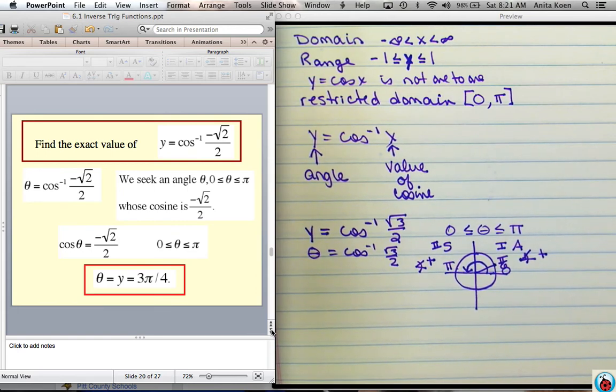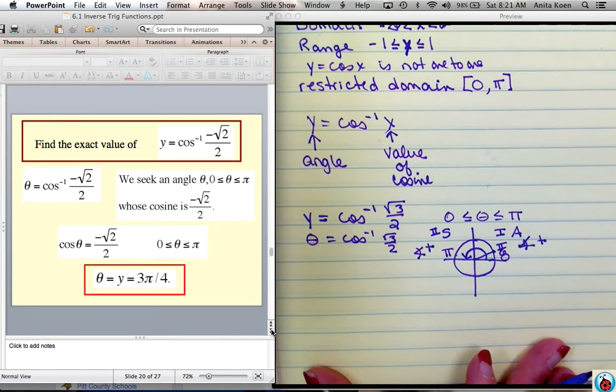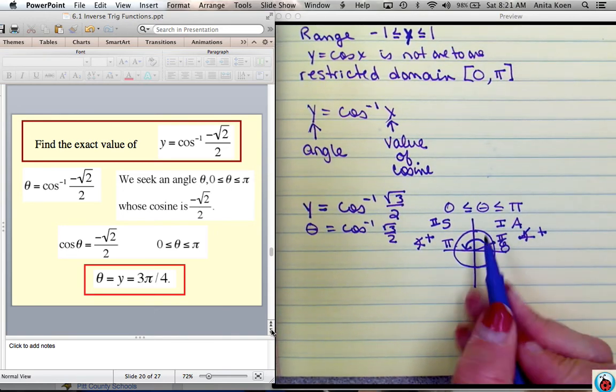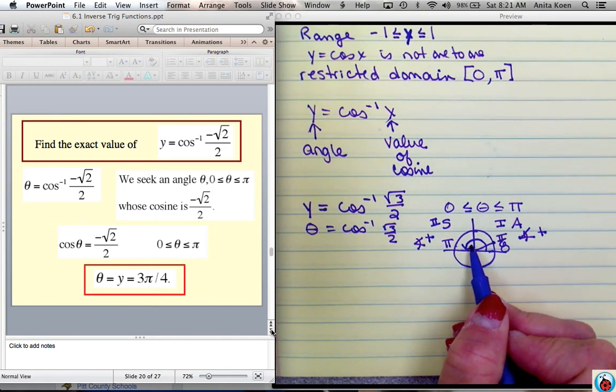Okay, let's find the exact value of y equals the cosine inverse of negative square root of 2 over 2. Well, I know that the cosine is negative in quadrant 2, so I know I'm over here in quadrant 2.